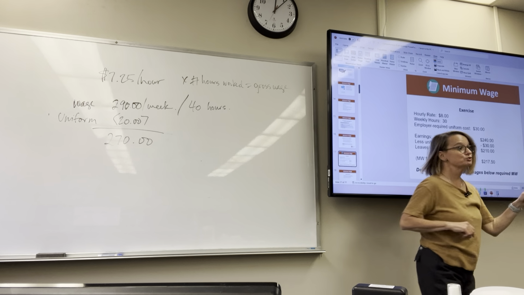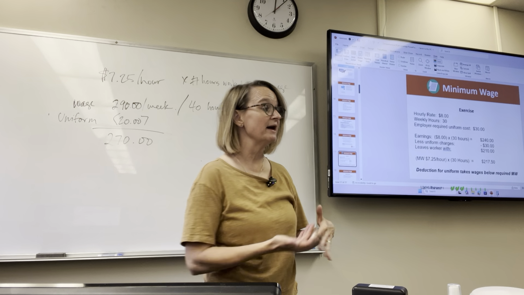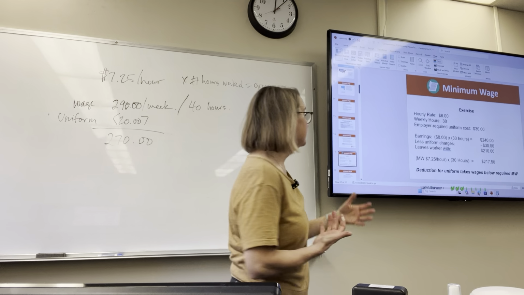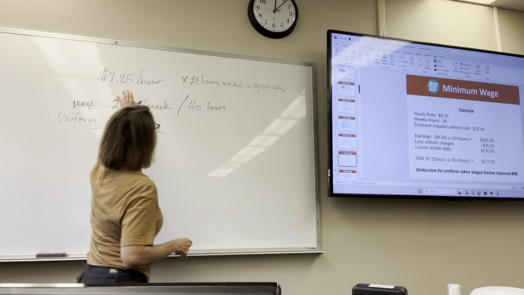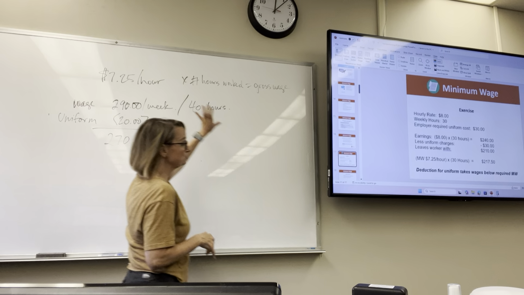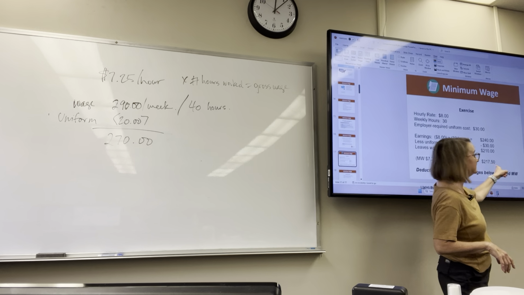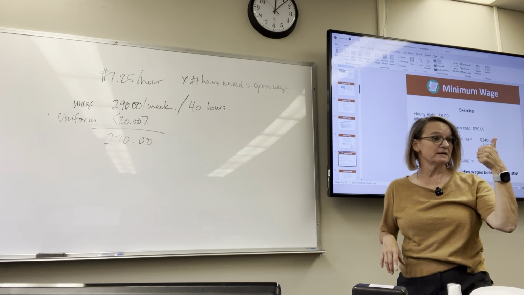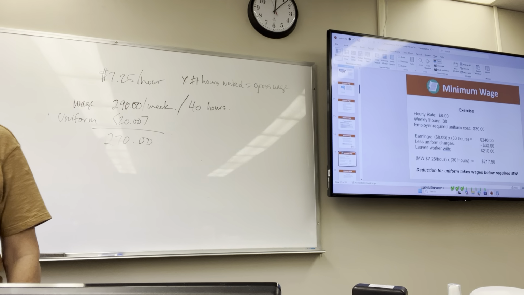That brought them down to $210. Take that 210 divided by 30 hours is going to be $7 an hour that they're making. That does not meet the requirement of $7.25 an hour. So what they would have to do is then pay the employee an additional $7.50 to make sure that they are in compliance with the minimum wage requirements.